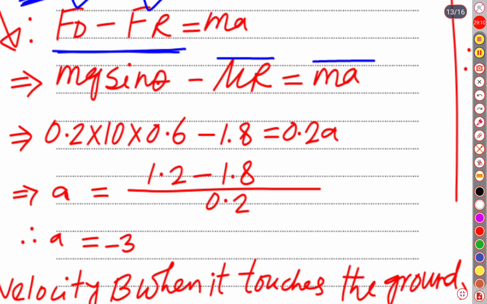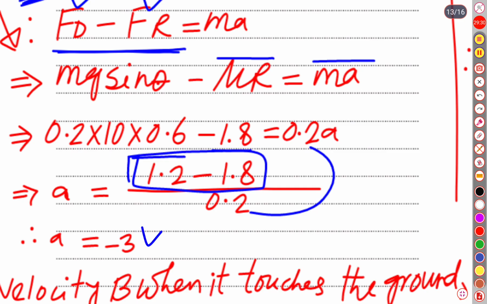So mg sin theta, we have explained that it is going to be 1.2, and 1.8 is the frictional force, equal to 0.2a. If 0.2 is taken at the bottom, then this will be on top. Okay, so acceleration is a different acceleration, acceleration is equal to -3. So this is for a, the acceleration through which it is sliding down after b reaches the ground.